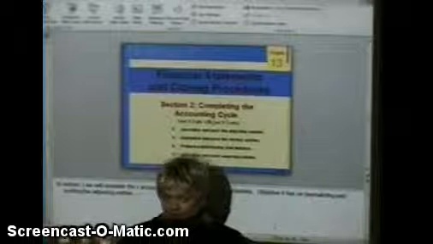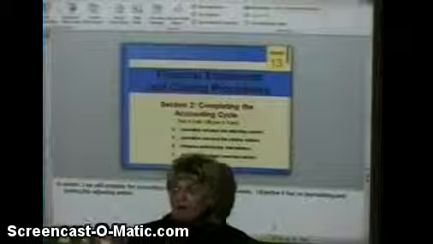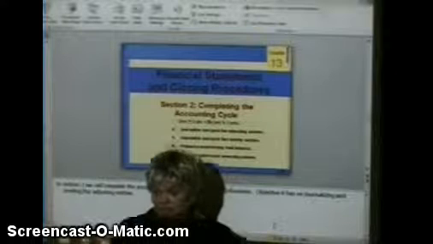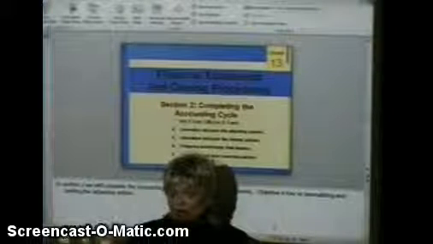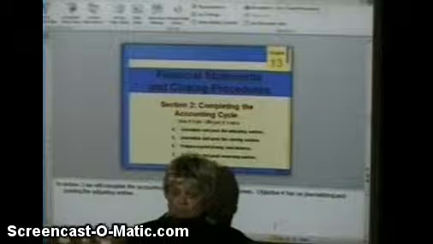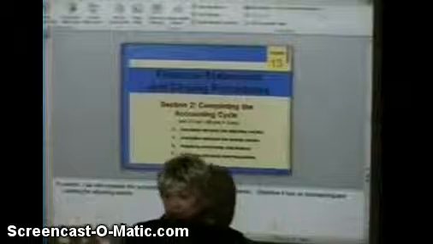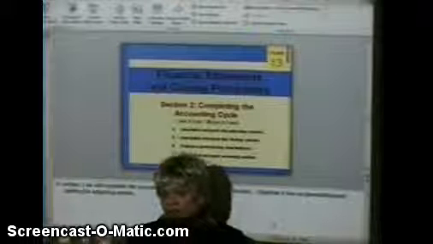It'll cover chapters 10 through 13. I would strongly recommend that you go to the textbook site and do the practice exams they have there for those chapters. You can do those and have them graded for you, and it'll tell you which ones you missed and what to go study.